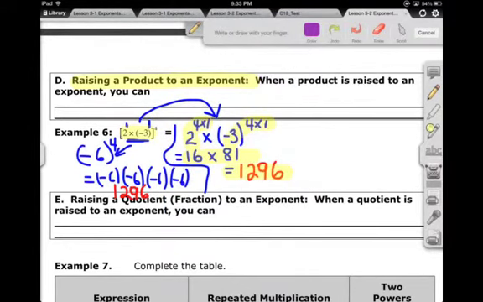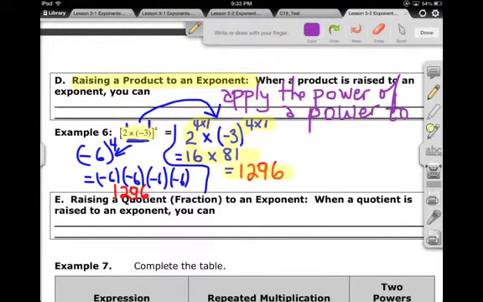When a product is raised to an exponent, you can apply the exponent, well, let's just say the power of a power rule, to each base. And you see that right there. And it totally works out. Okay.